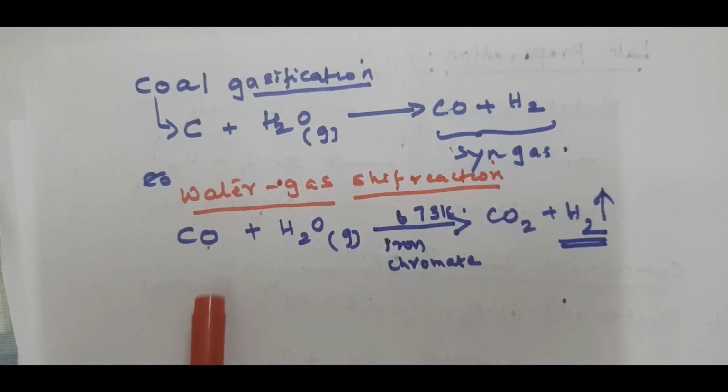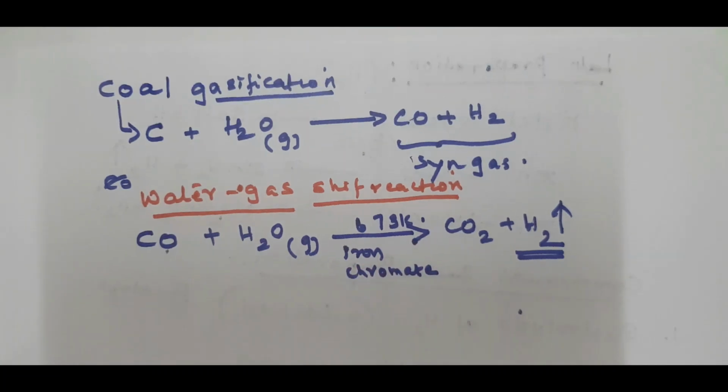When carbon monoxide and water in the form of steam are reacted at 673 Kelvin with iron chromate as a catalyst, we get carbon dioxide plus hydrogen. This is again called the water gas shift reaction. So this much is about the preparation of dihydrogen. Is it clear? Okay, so there is both laboratory preparation as well as commercial preparation of dihydrogen.